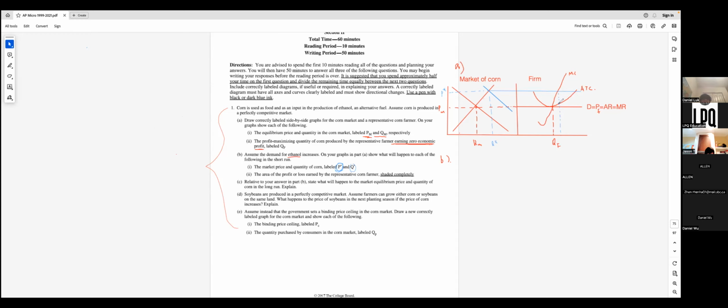So here, at the quantity, the intersection with ATC, you turn left again. So where is the final answer? The shaded area, like this rectangle. Shaded completely. That is the area of profit or loss. So we finish B.